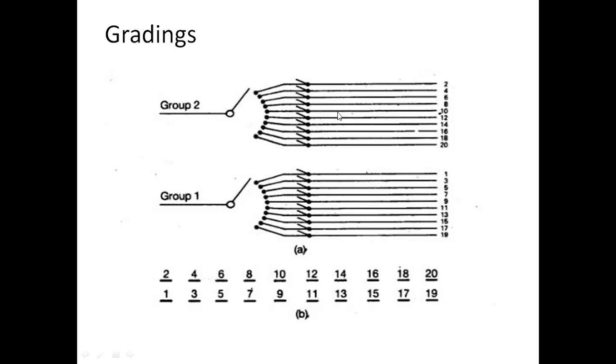In such a situation, it makes more sense to combine the latter outlets of the two groups. Say, for example, I take the four outlets of group 1 and connect them to the latter four outlets of group 2.